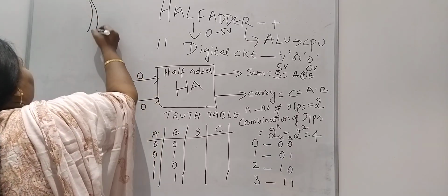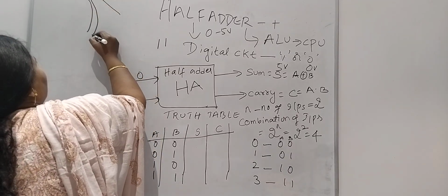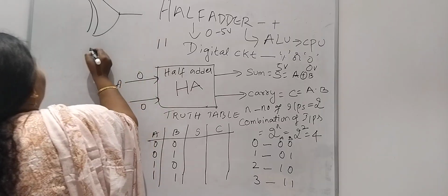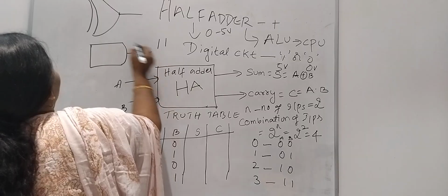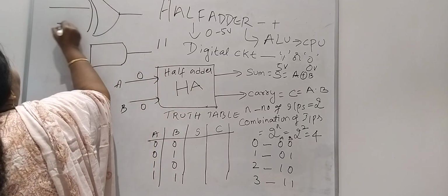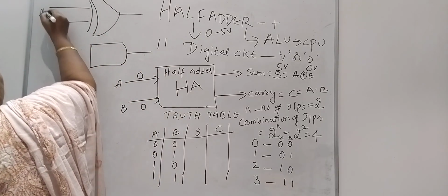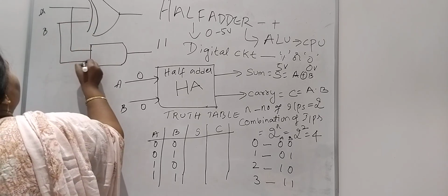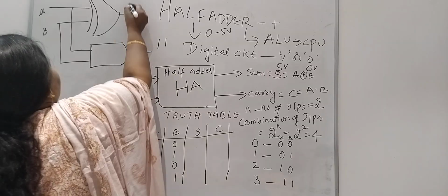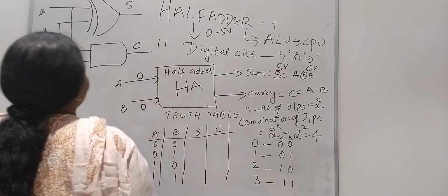XOR gate. Isn't it? XOR gate. Next AND gate. Here you have two inputs. One input is A, another input is B. This is A and this is B. With this you are going to get the sum, and this is going to give the carry.